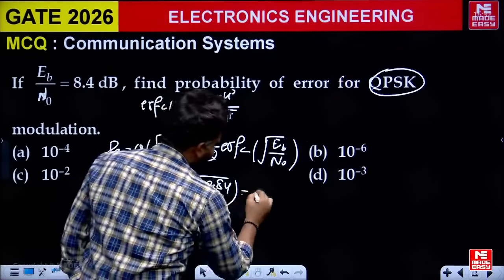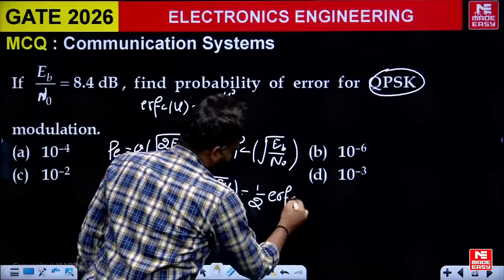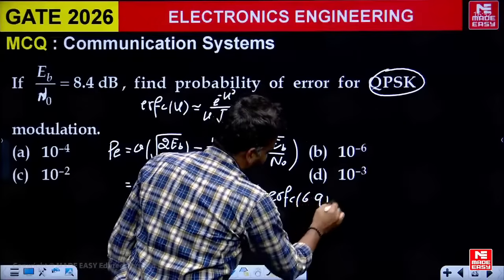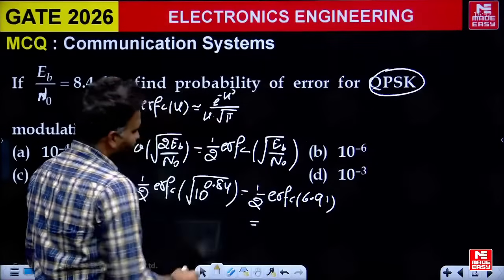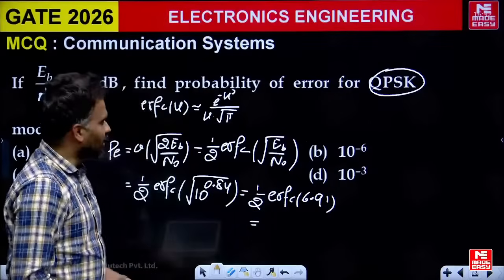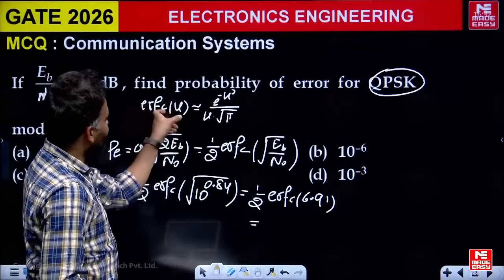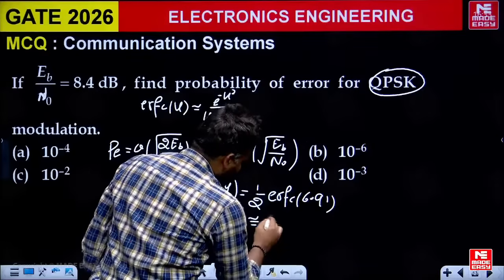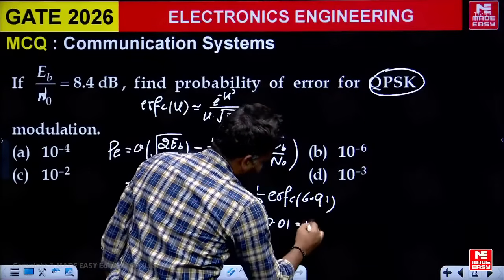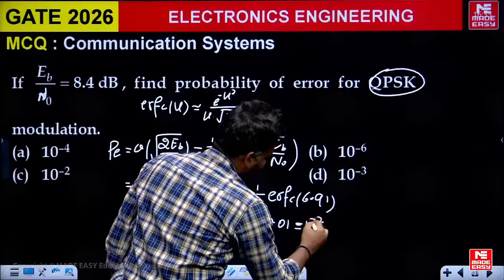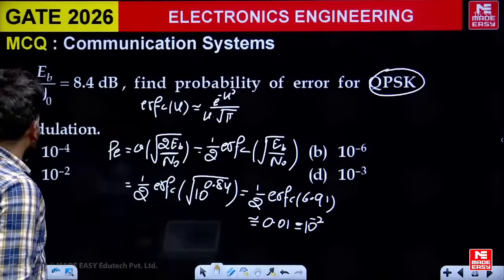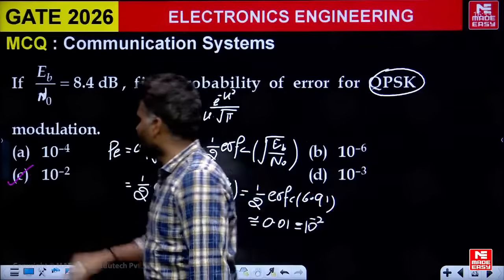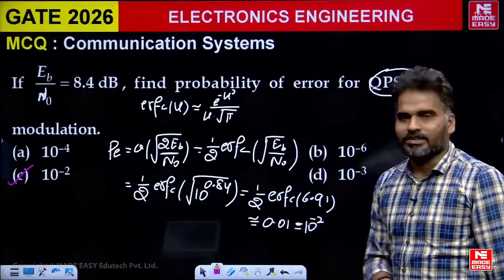So this will be half erfc of 6.91 upon root 2. You can use the result given in the question, and if you substitute, it comes to around 0.01, so 10 power minus 2. So the option looks correct, and we are getting almost 0.01.